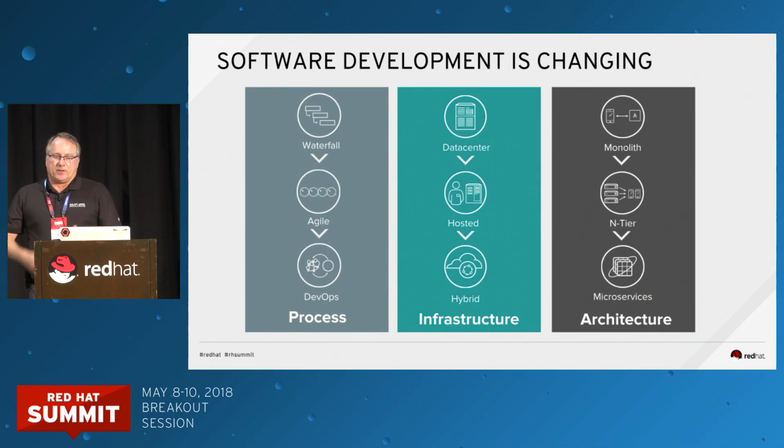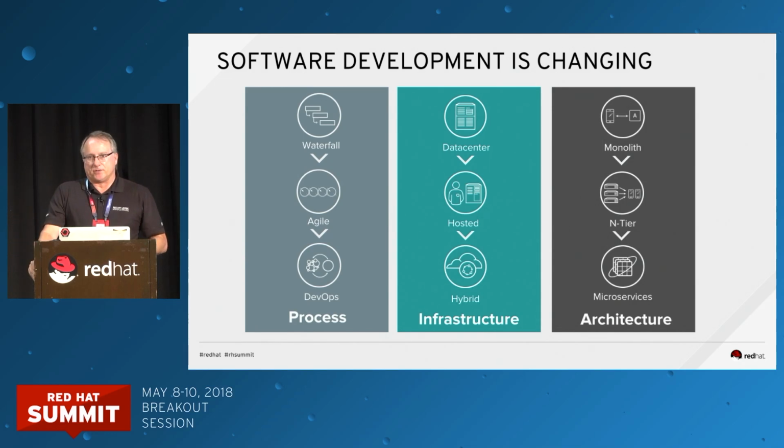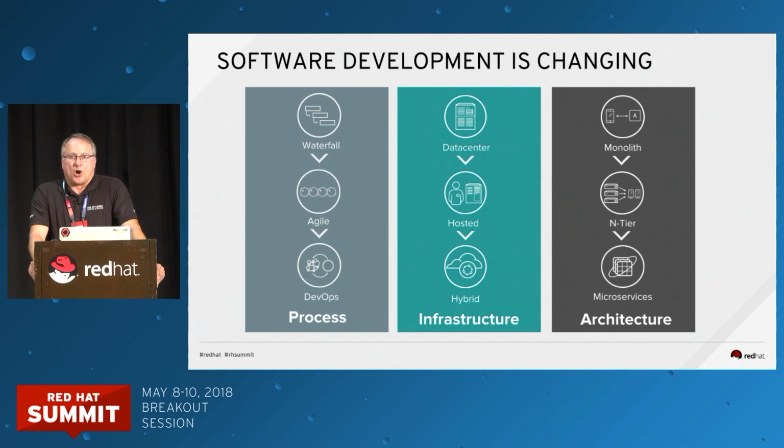And last, and probably the most obvious to a lot of developers, is they're going from monoliths to microservices. This is a very different way of developing applications, because developing a distributed application is hard. You have performance to worry about, you have security to worry about. Now I have many more things in my environment to manage.